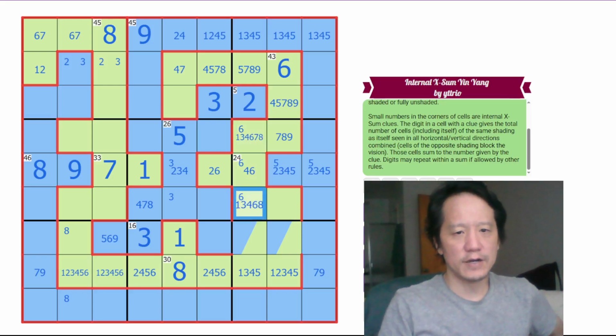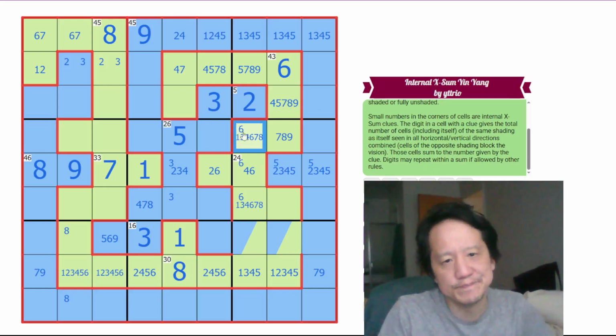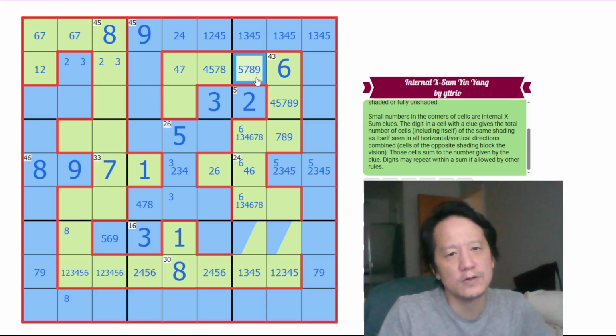That's not good. There's no 5. Well, 5 could be here. We just know you can't have a 9. Can you not have a 9 here? Then you have 5, 7, 8 at maximum. That would leave 20, and this would be 6, 8, 9. So yes, you could do that.